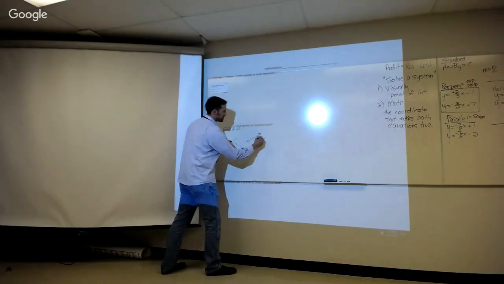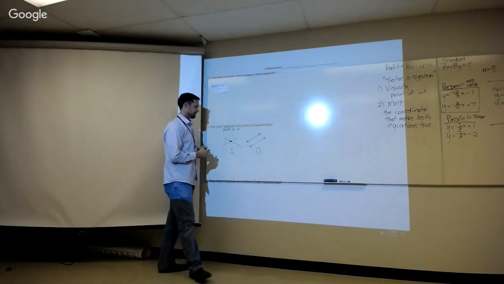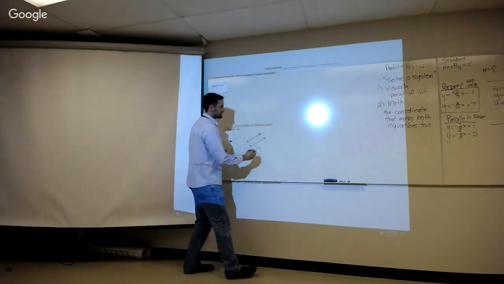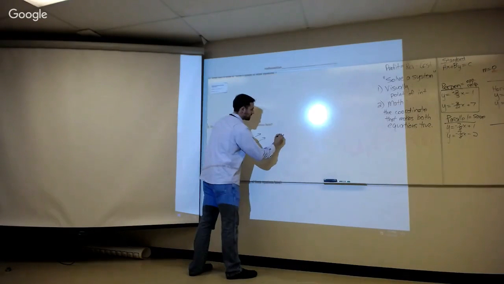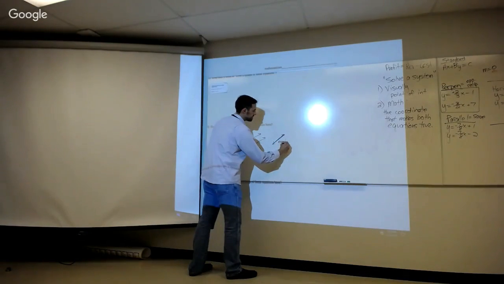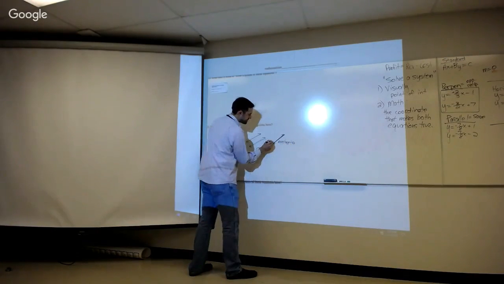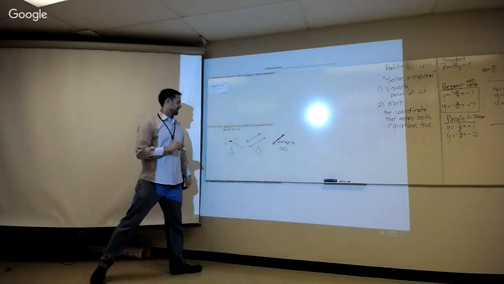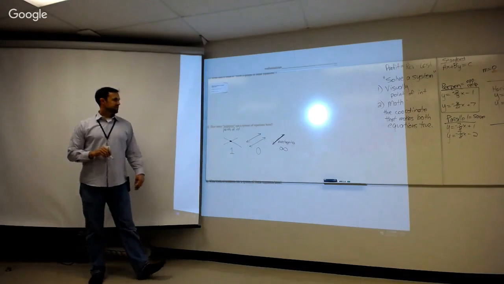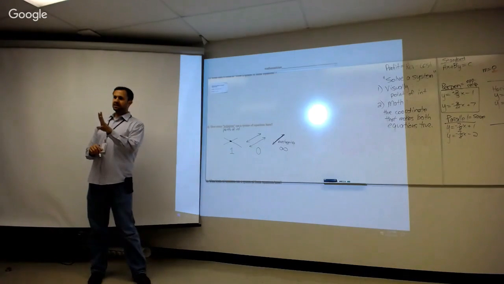And because they are parallel, you have no solutions. Another possibility is that the lines are overlapping. And because they are overlapping, how many times do they intersect? All the time. Yeah, infinitely many times.